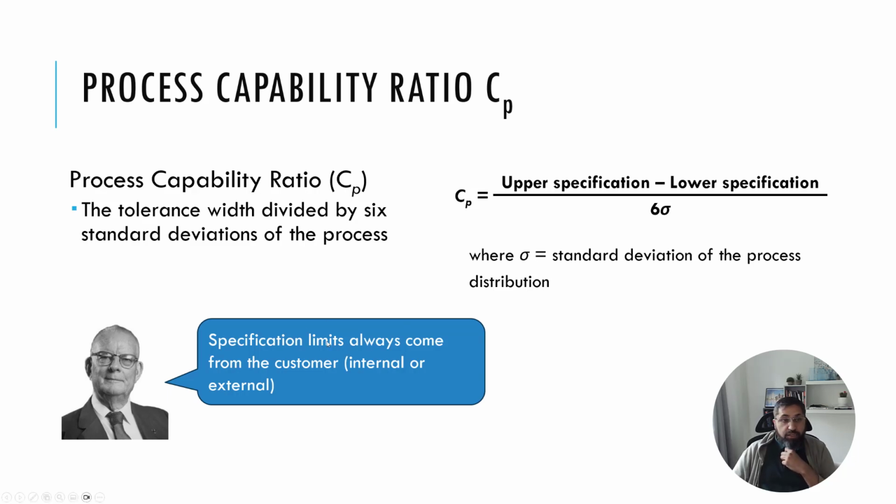The customer could be internal. You could be making a part that's going to be used by another part of your organization. So maybe you produce brakes and then the manufacturing assembly line uses the brakes and they are the customer and they tell you the design specs. So when you say customer in operations, it doesn't always have to be an external customer. It could be an internal customer within the supply chain.